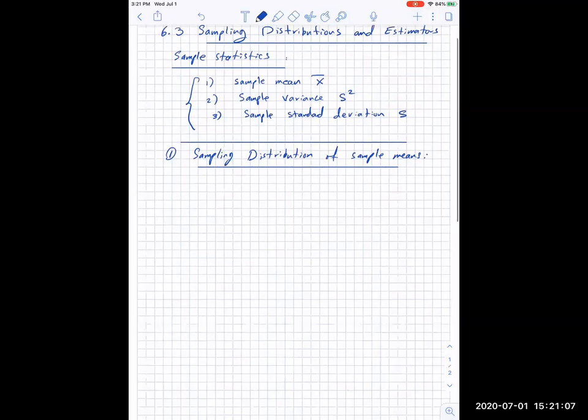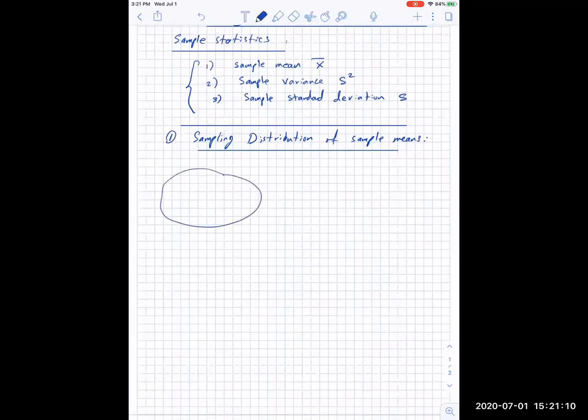So suppose I have this set here, population set. Population, and let's assume that we're going to select all the possible samples of the same size.